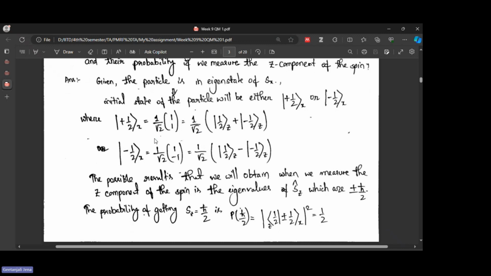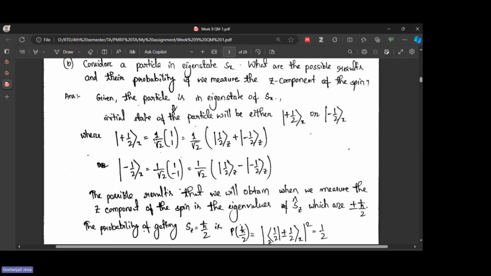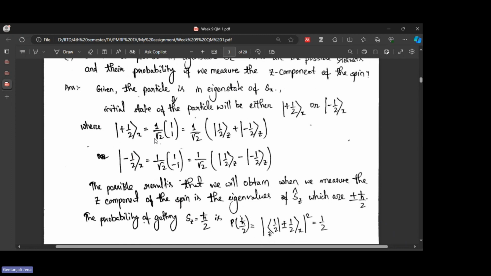I have told you the particle was in an Sx state. Now we are measuring the Sz operator. So the results will be plus or minus ħ/2, right? The eigenvalues will be plus or minus ħ/2, and the question is asking what will be the probability of getting ħ/2 in this experiment. If you see the last equation, the probability is nothing but the square of the inner product of the final state and the initial state.